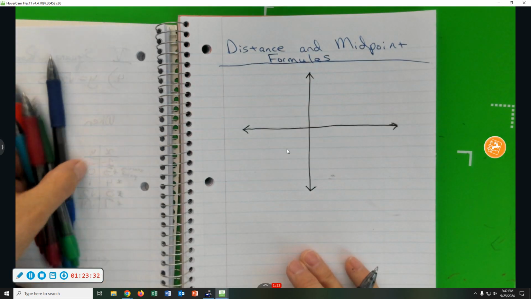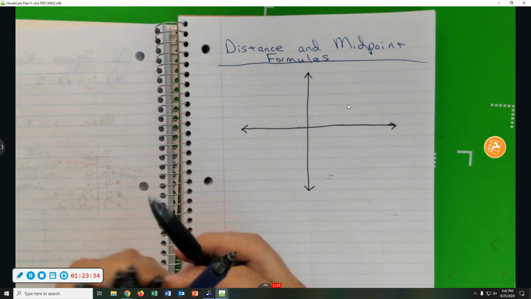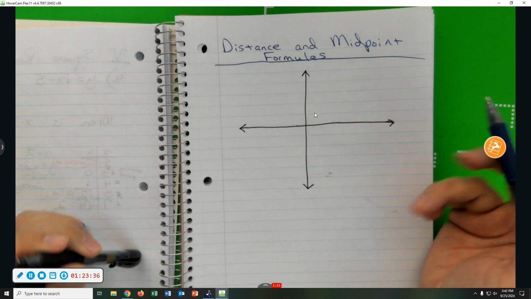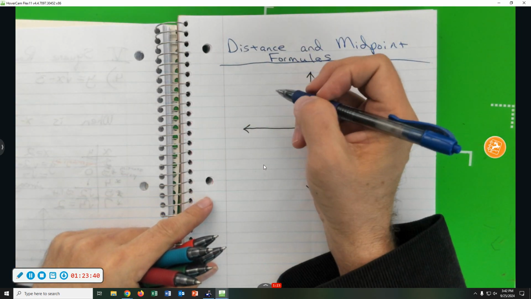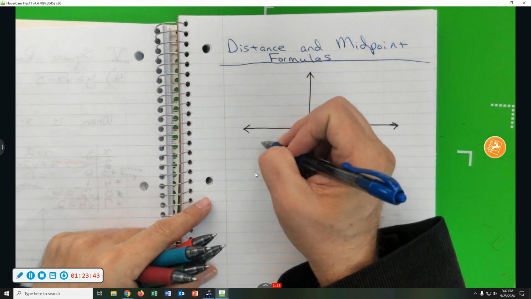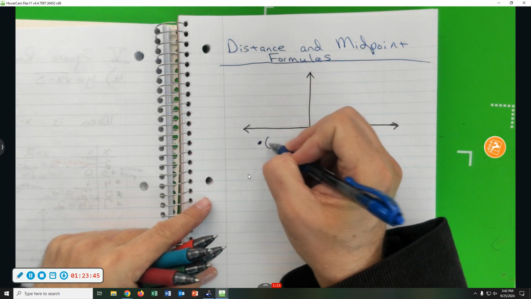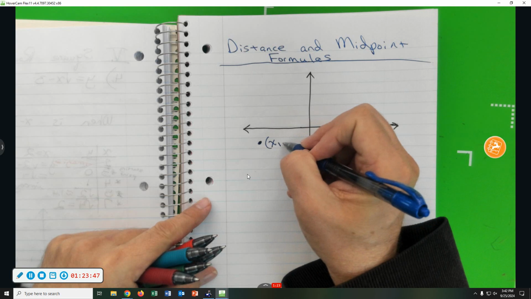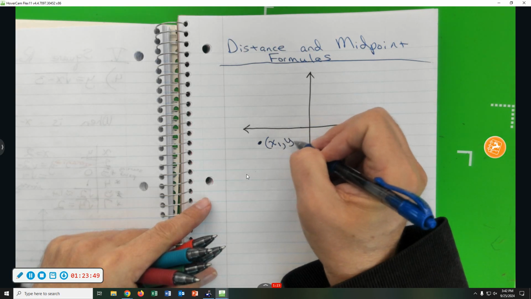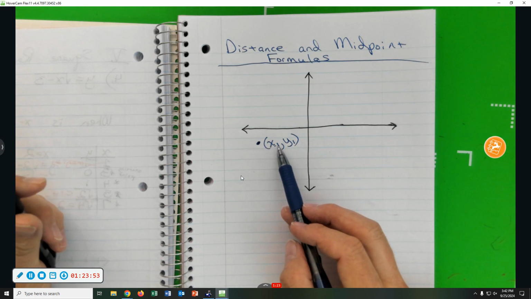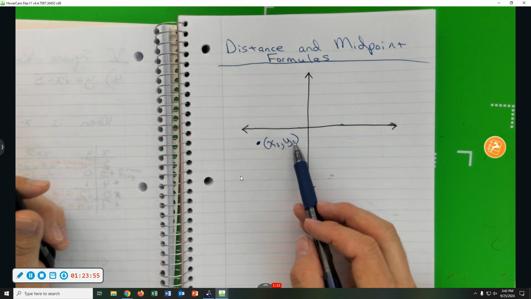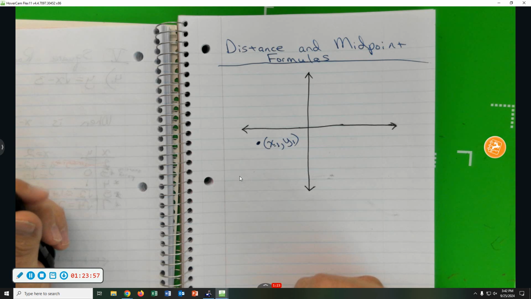Let's suppose we have two arbitrary ordered pairs, and I'll label them X1, Y1, and X2, Y2. Just meaning first X, first Y. First X, X subscript 1, comma, Y subscript 1. That's saying the X coordinate of the first ordered pair and the Y coordinate of the first ordered pair.